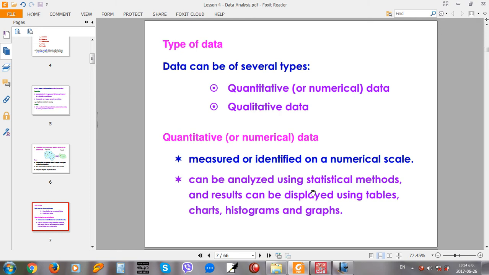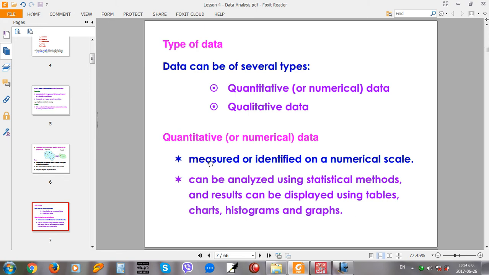Quantitative or numerical data is measured or identified on a numerical scale. It means numbers. Quantitative data we can represent by numbers, it can be analyzed using statistical methods, and results can be displayed using tables, charts, histograms and graphs.